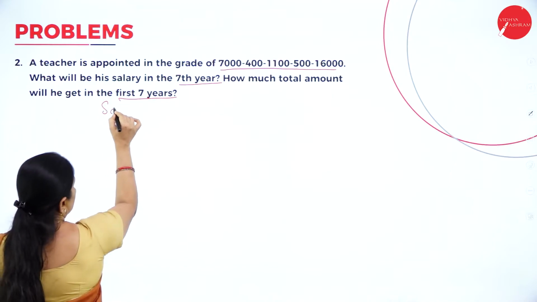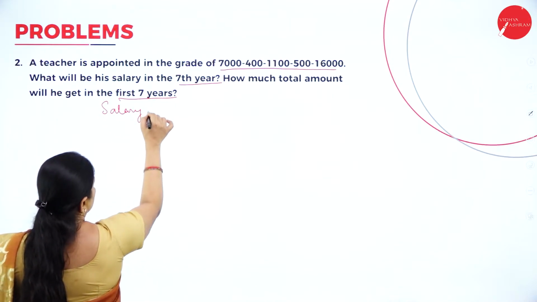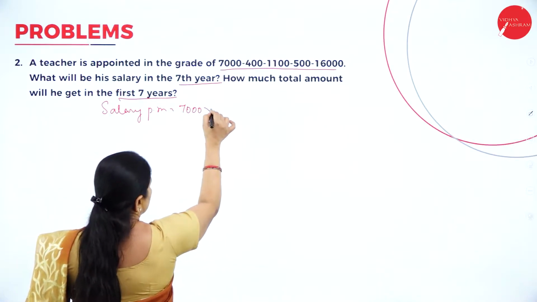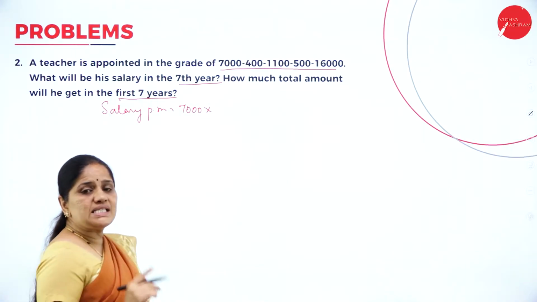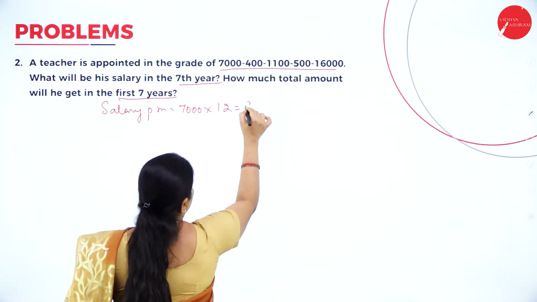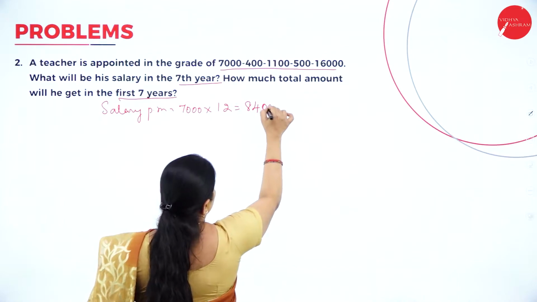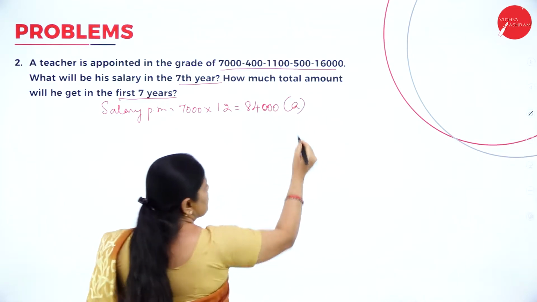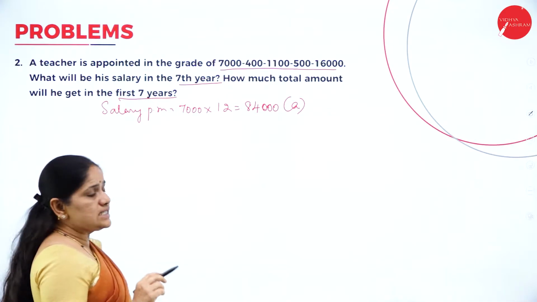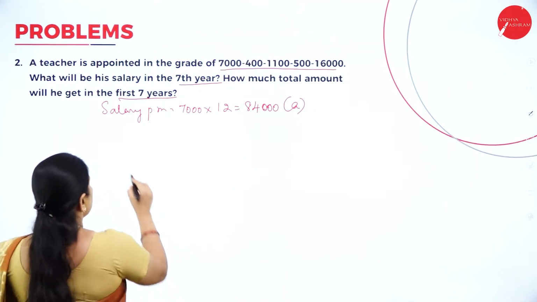Now, what is the salary per month? Salary per month equals 7,000. So, for 1 year, it will be 7,000 into 12, that comes up to 84,000. So, this is the first salary which he is drawing in the first year. Now, what is the increment?